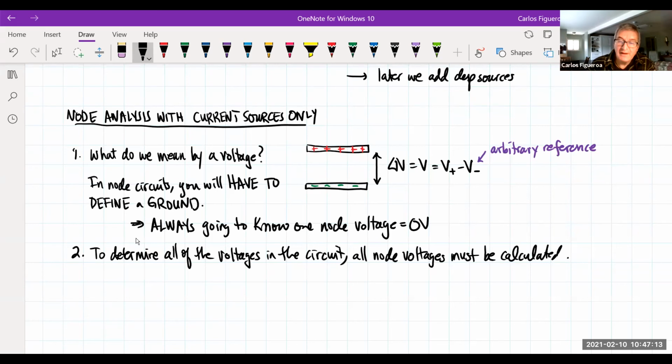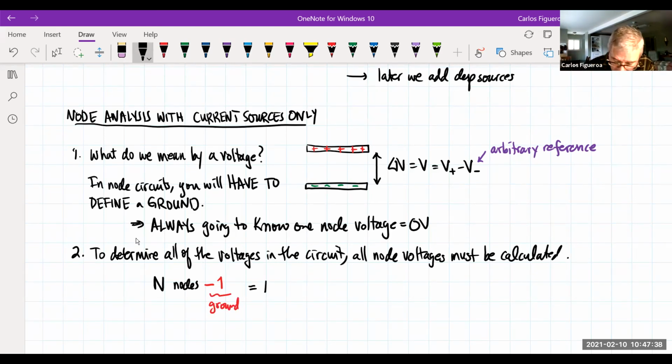And so what you find here is that I'm now going to have n nodes, but one of these nodes we're always going to know, and the reason is because this is the ground. So we don't need to calculate all of the nodes.